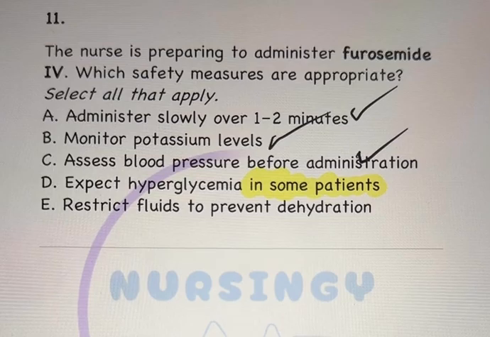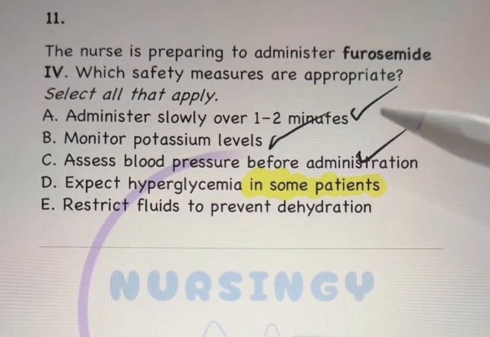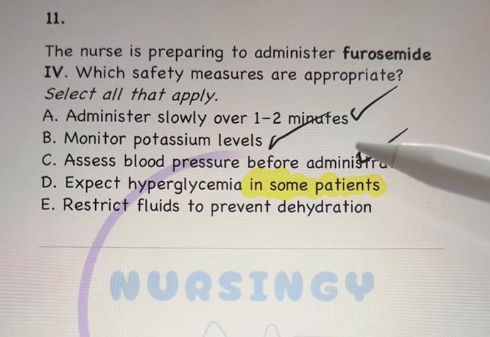To work on beta cells, what do we need? Anyone? Or shall I go? So to release insulin from beta cells, you need potassium.